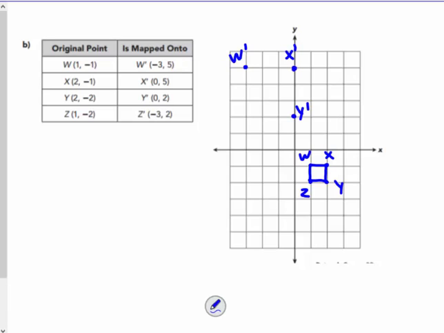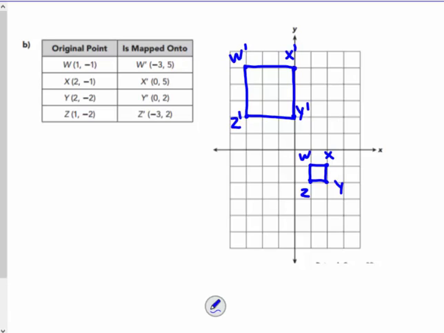So it definitely enlarged. And Z's image is (-3, 2). Carefully using the lines of the graph paper here. Should be using a straight edge. Okay, so my image and its original.